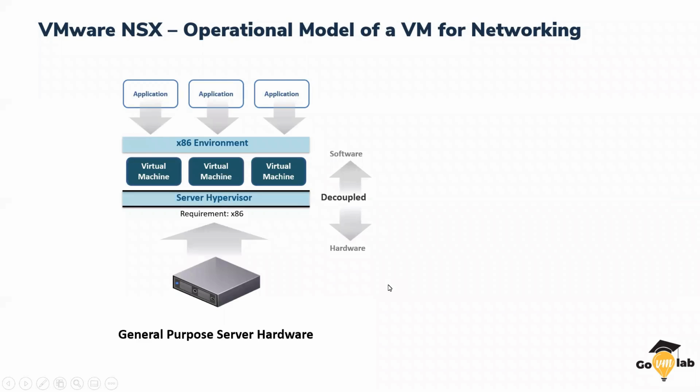So now, NSX is not different. NSX is actually giving us the same operational model we have been witnessing for the past 20 years with the emergence of the virtual machine. If you look at this diagram, this is the server hardware, and then we install the hypervisor layer on top of it.